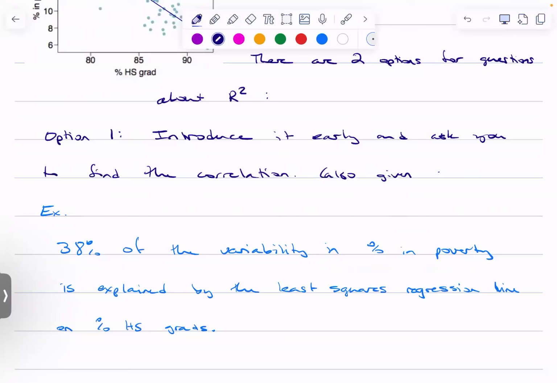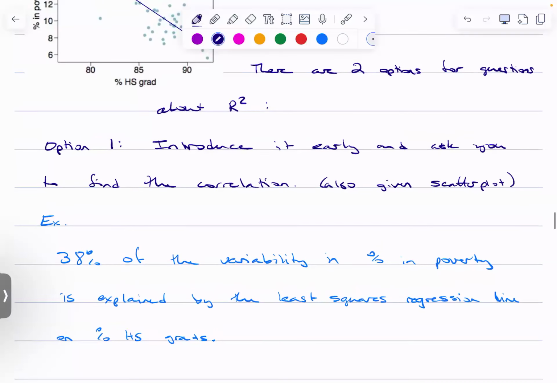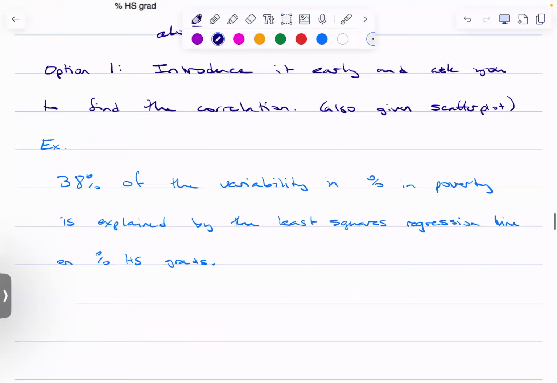Also given a scatter plot. So you'd have the scatter plot, and I ask you to describe the relationship: the strength, the direction, and the shape. All three things you need to talk about.